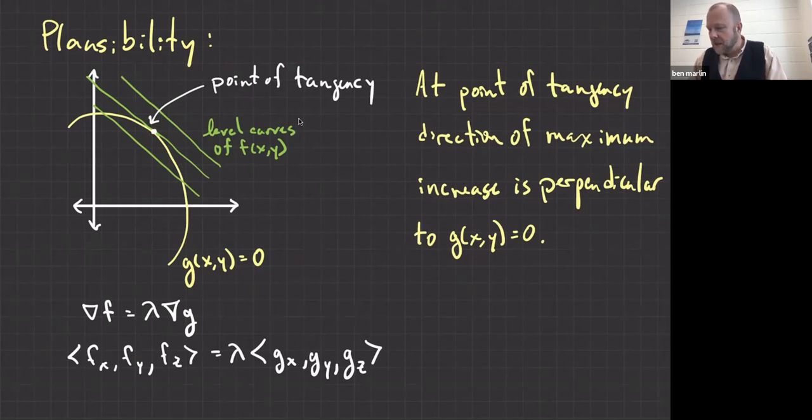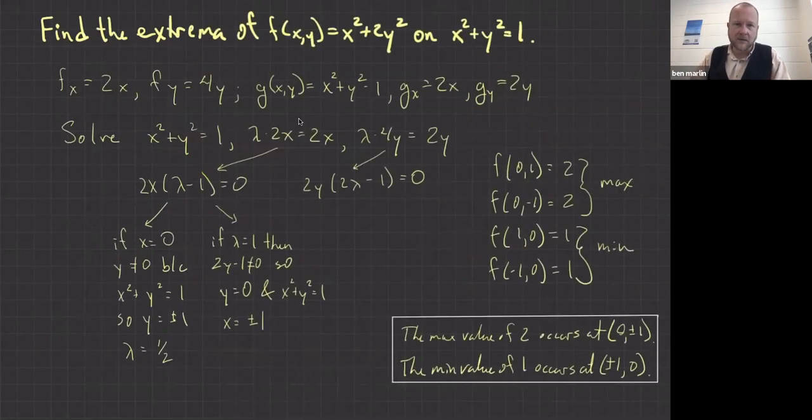So, all right, then continuing on, we're going to look at an example of this, all right? So the thing we're going to have is x squared plus 2y squared, and we're going to look for where that's a maximum on the circle x squared plus y squared equals 1.